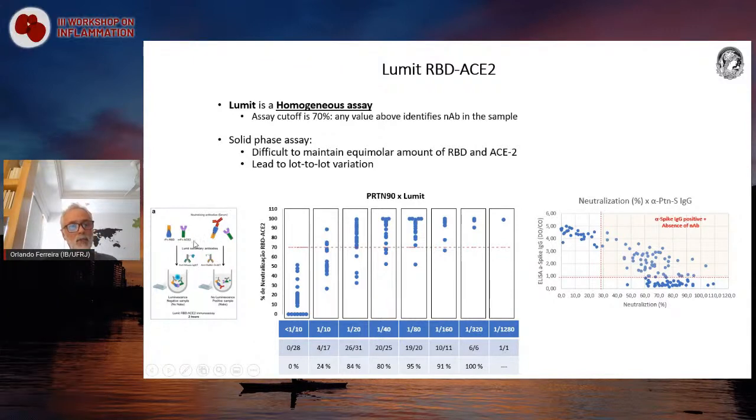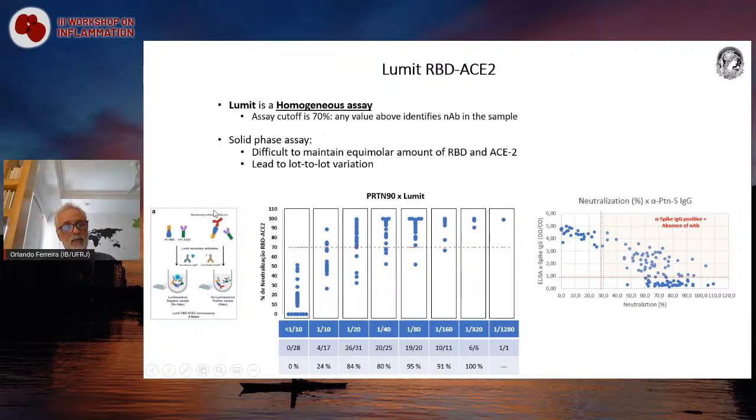The other component of the reaction is Lumit, the luciferase that is divided in two pieces and is only brought together when the antibody recognizes both the Fc of the rabbit and the Fc of the mouse. And they only get together when the ACE2 binds to the RBD.